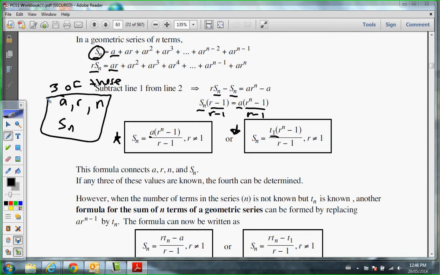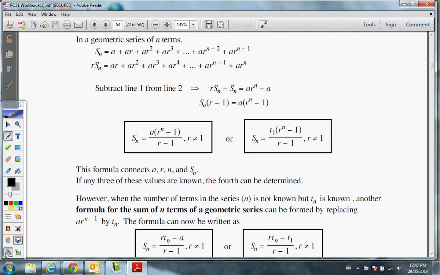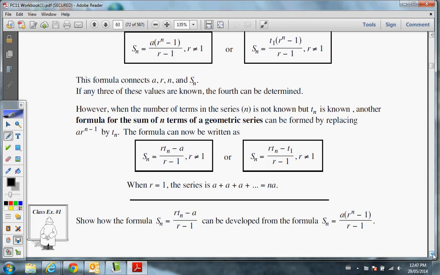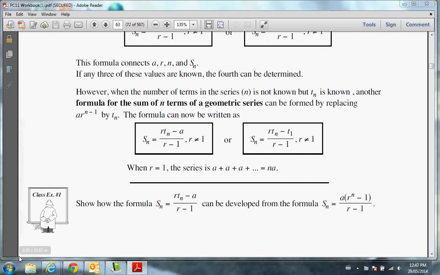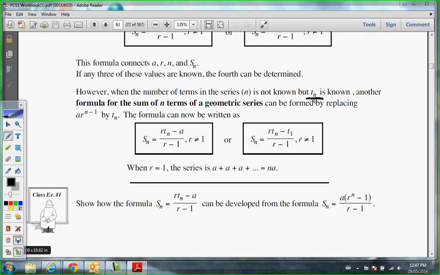Okay, the one down here, the only difference is this is when you don't know the term number. So when we don't know the number of terms, but we know t sub n, we use this.